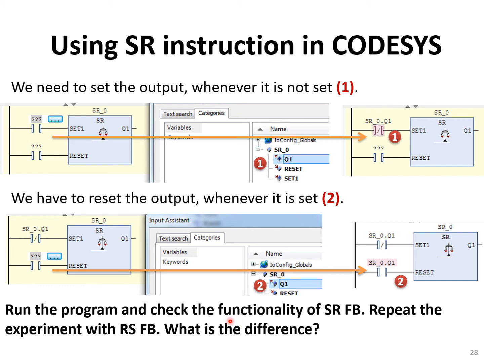Run the program and check the functionality of the SR function block. Repeat the experiment with the RS function block. What is the difference? I'm going to leave that to you to investigate and see what would be the difference between this SR and RS block.